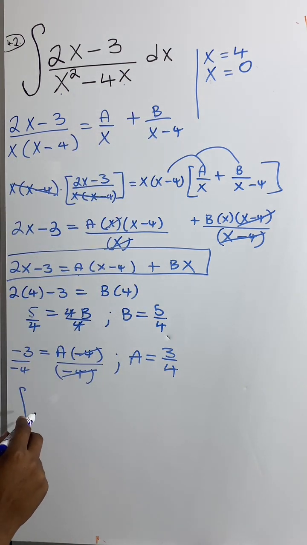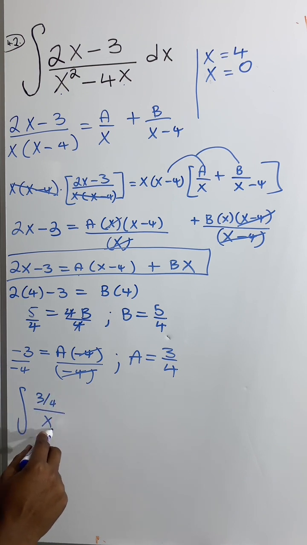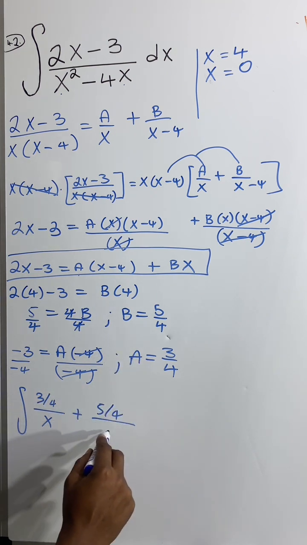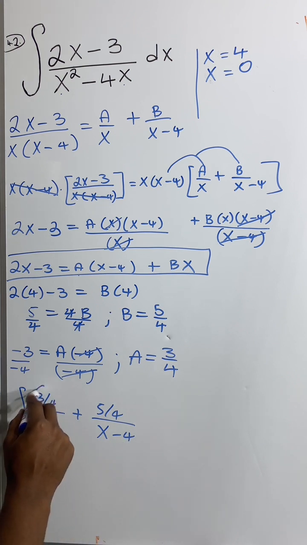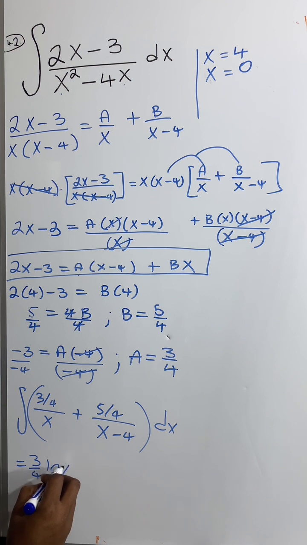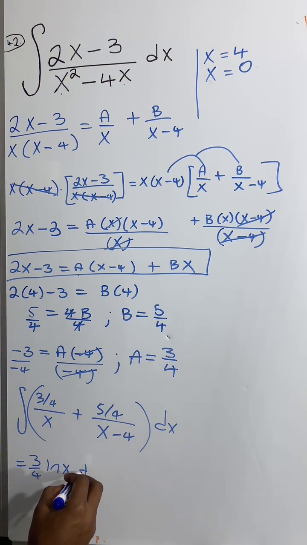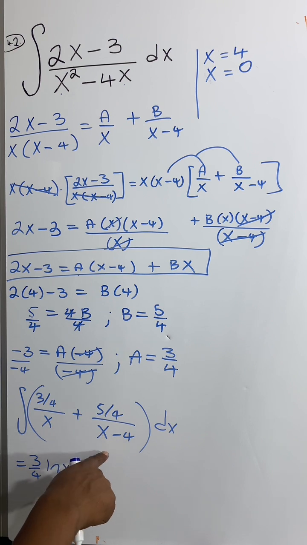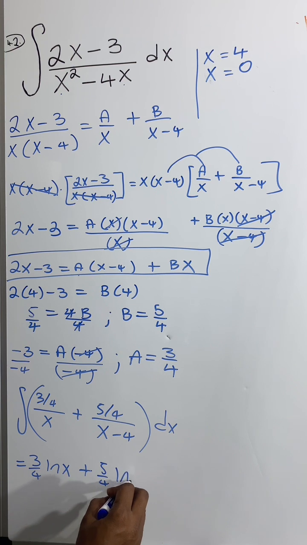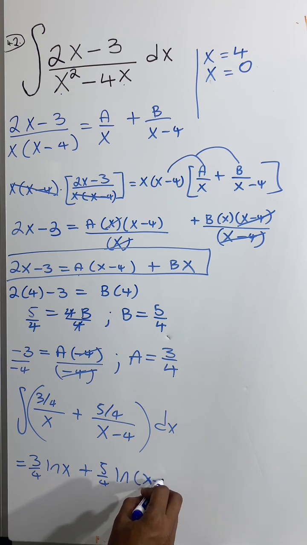So our integral is 3 over 4 divided by x plus b, which is 5 over 4 divided by x minus 4. This will be equal to, when we integrate 3 over 4 divided by x, we get 3 over 4 ln x plus, when we integrate 5 over 4 divided by x minus 4, we get 5 over 4 ln of x minus 4.